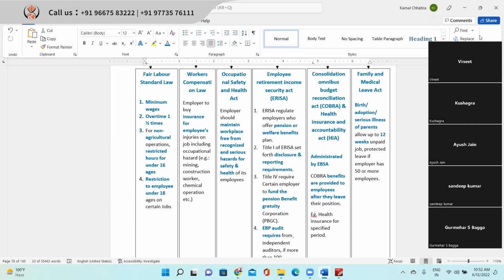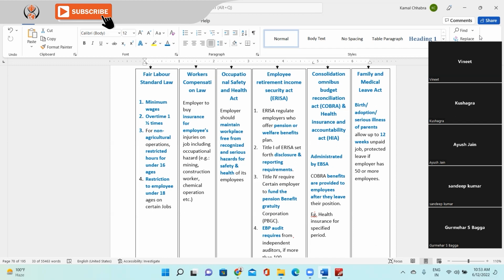For example, you're getting accommodation for up to 2 years after your retirement from the company. Like a lot of government employees get 6 months of additional accommodation after retirement, so that they can make the transition out of the government premises to their own premises or rented premises. Those kinds of benefits which your company provides even after your relieving or retirement come under this COBRA Act and the Health Insurance Portability and Accountability Act.